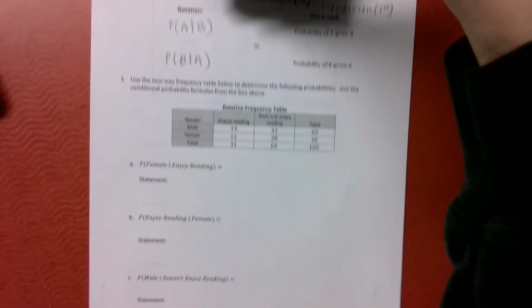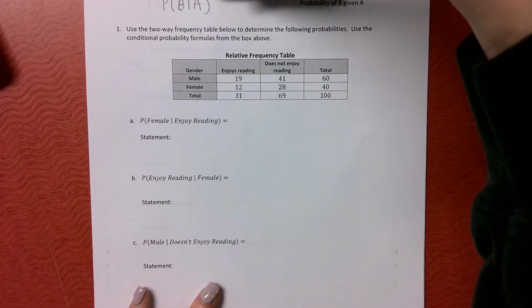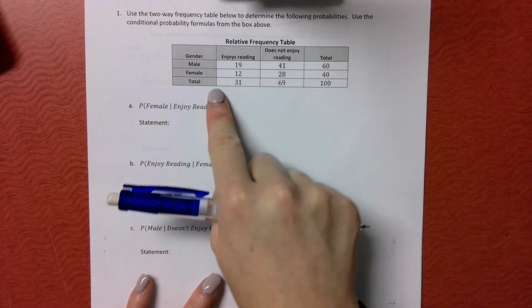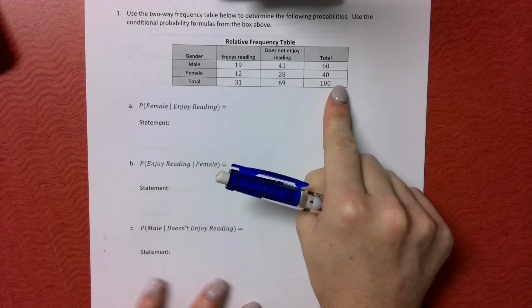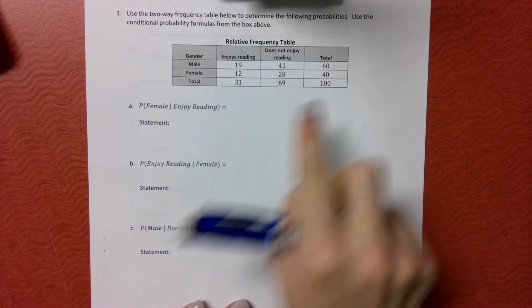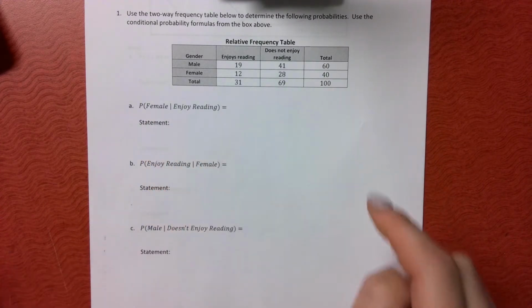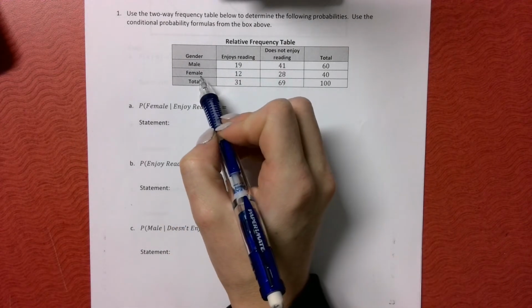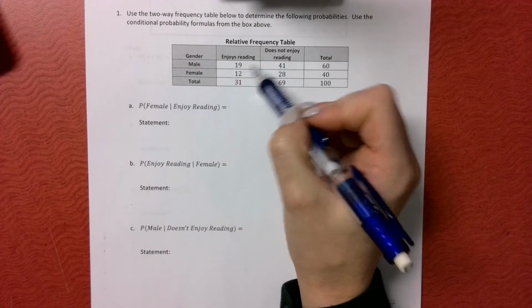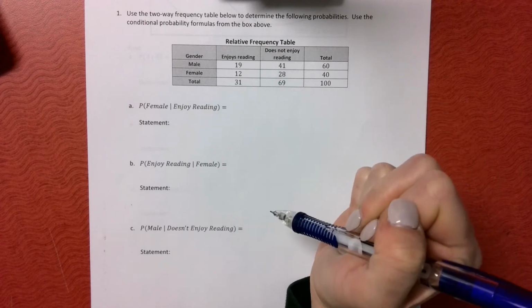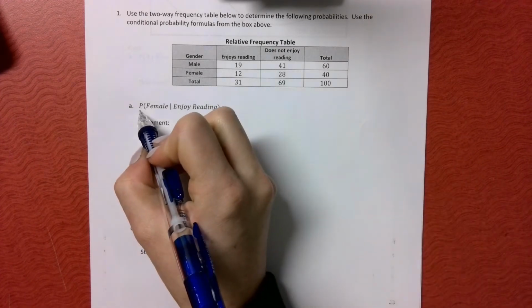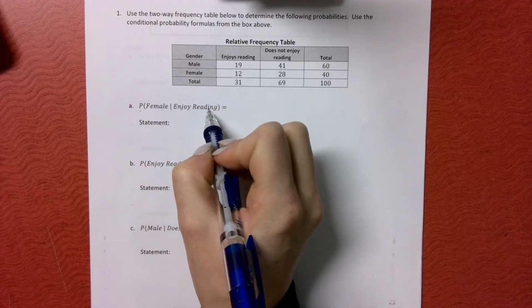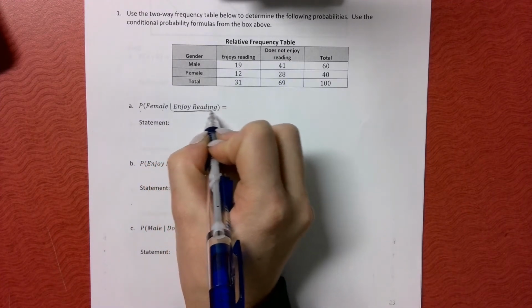Our first example says use the two-way frequency table below to determine the probabilities. We're going to write the probability and then write in words what that means. It looks like we have males and females here, and we asked them whether they enjoy reading or do not enjoy reading. The first one says I want to find the probability of a female given that they enjoy reading. Now this enjoy reading is the given.